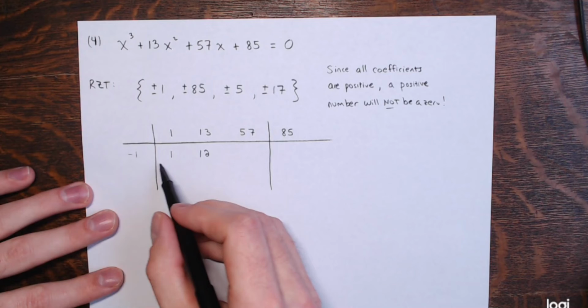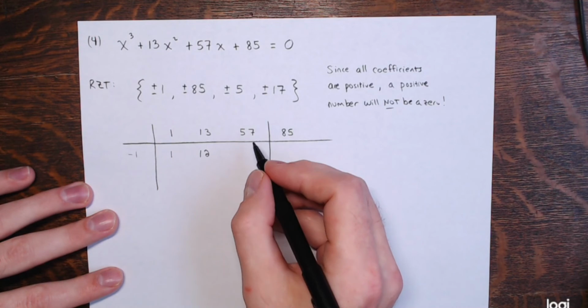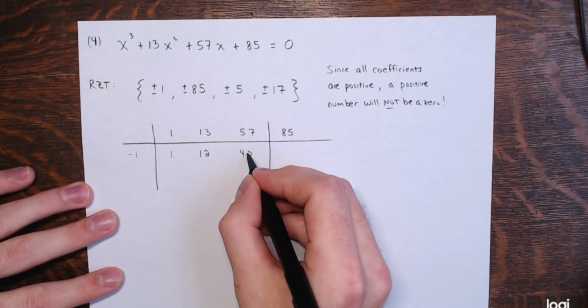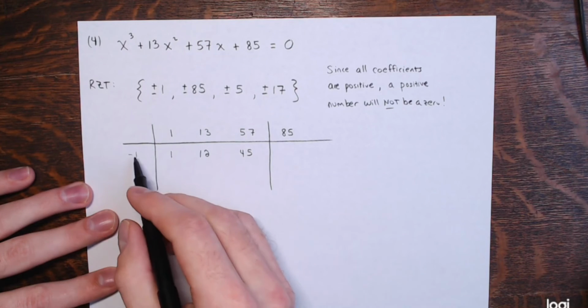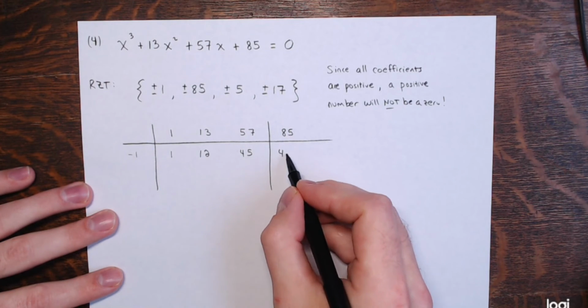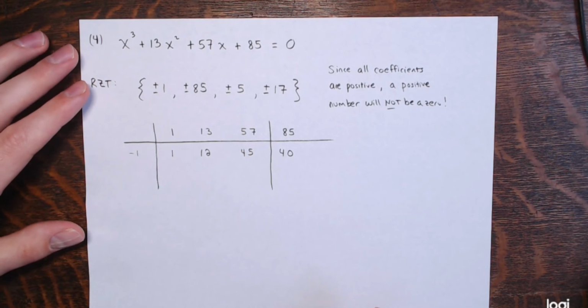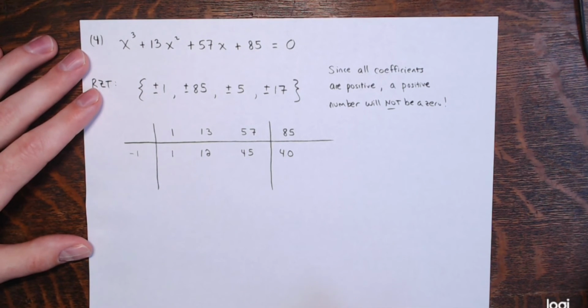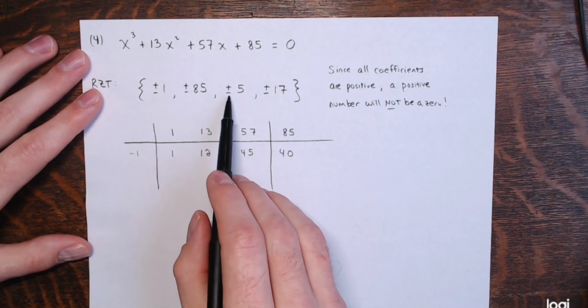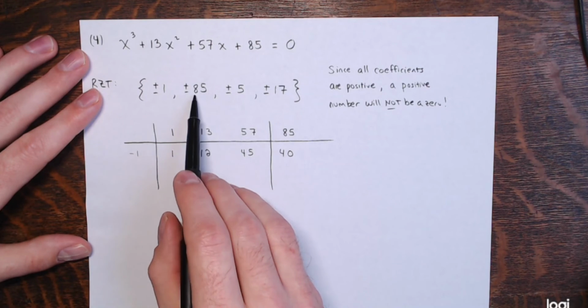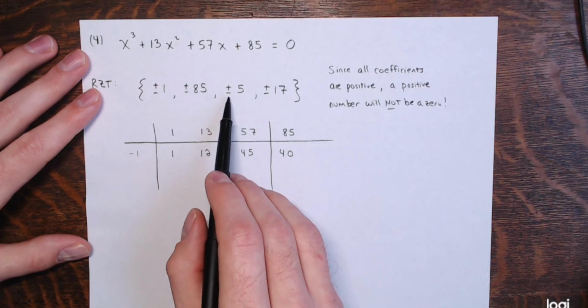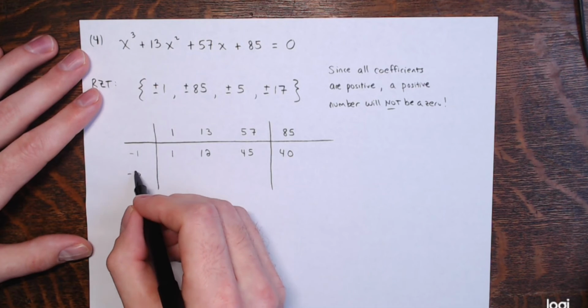Then negative 12 plus 57 is 45. And then negative 45 plus 85 is 40. So negative 1 is not a solution, is not a 0. Alright, now I'm going to jump to the next lowest. We'll save negative 17 and 85 for later. Negative 5, I'll do next.